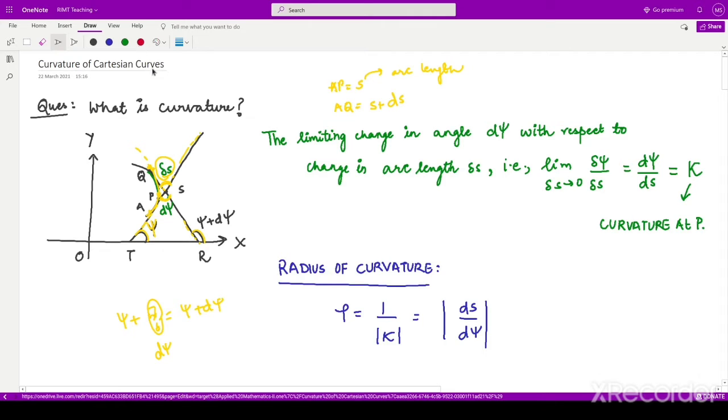Why? Because they are vertically opposite angles. So this angle is d psi.